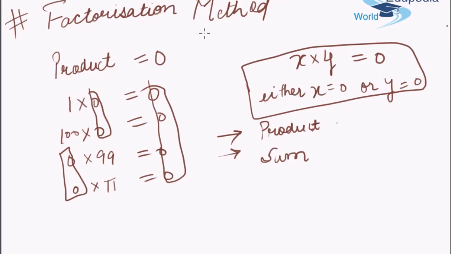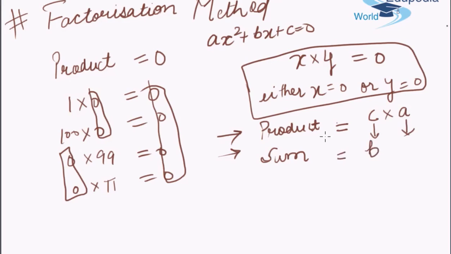If we have a quadratic equation as ax square plus bx plus c equal to 0, which is the general form of a quadratic equation, the product will be c into a, that is the constant term multiplied by the coefficient of x square, whereas the sum will be b, that is the coefficient of x.